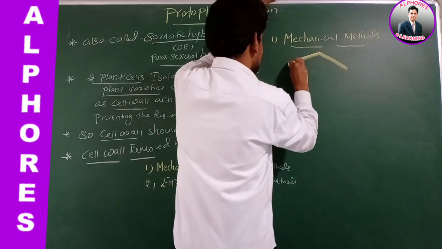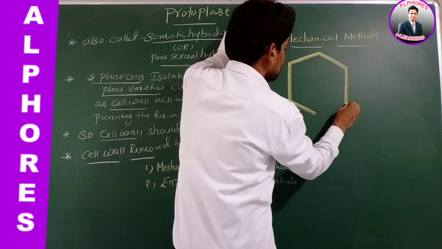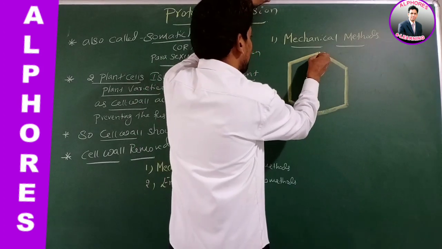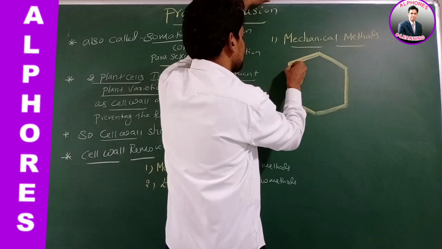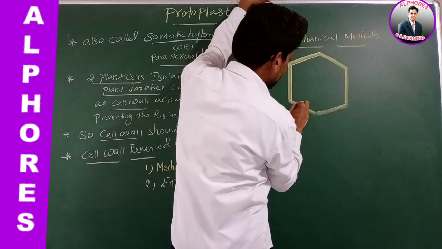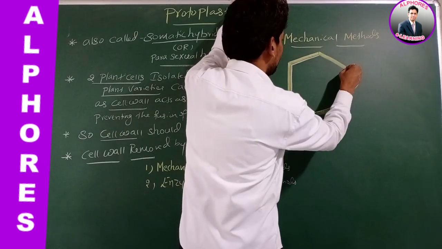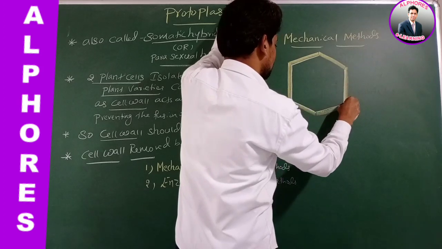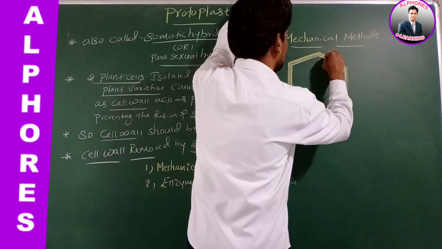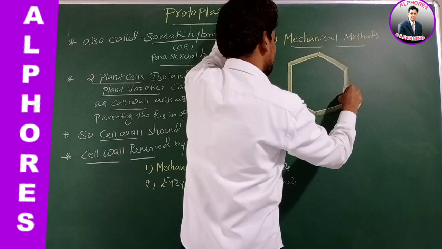Take a plant cell. In a plant cell, what is the outermost layer, sir? Cell wall. The yellow layer I drew indicates the cell wall, whereas this white one I am drawing now indicates the plasma membrane.